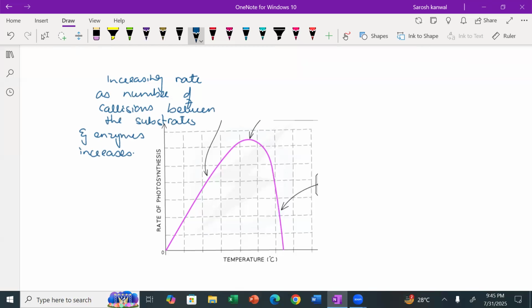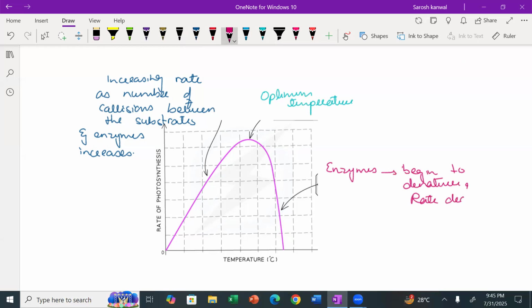What happens here at this temperature? We know that this is the optimum temperature. And what happens at this area? Due to increased temperature, the enzymes begin to denature. So we can say the rate decreases.